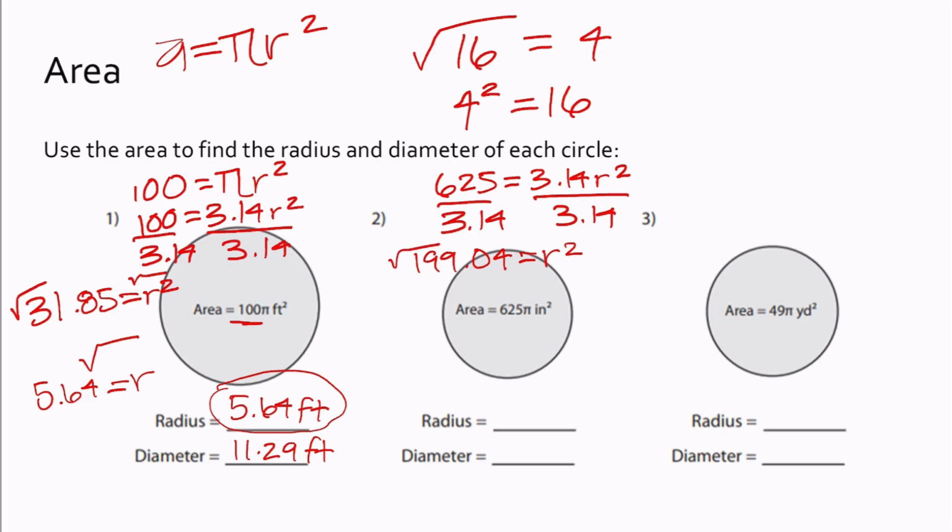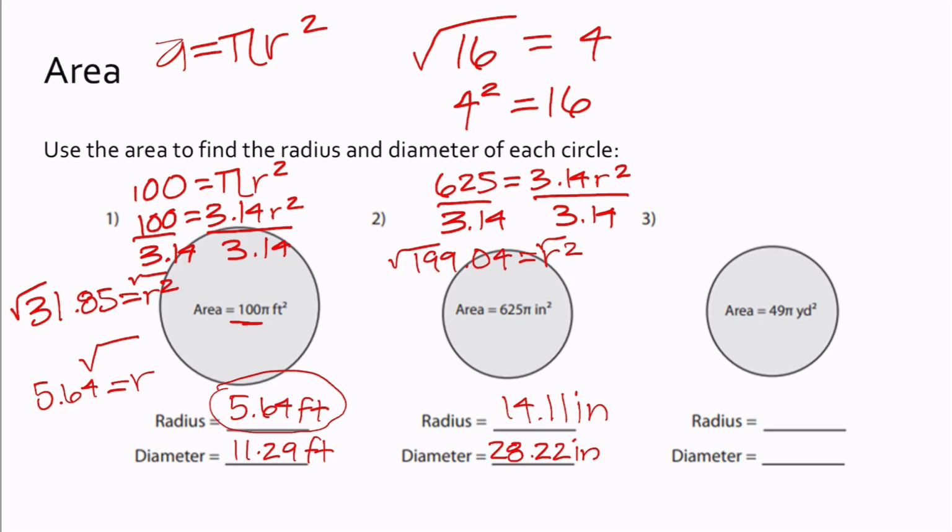And then I'm going to take the square root of both sides, and I get 14.11 inches. And to find the diameter, I'm multiplying that by 2, so I get 28.22 inches.